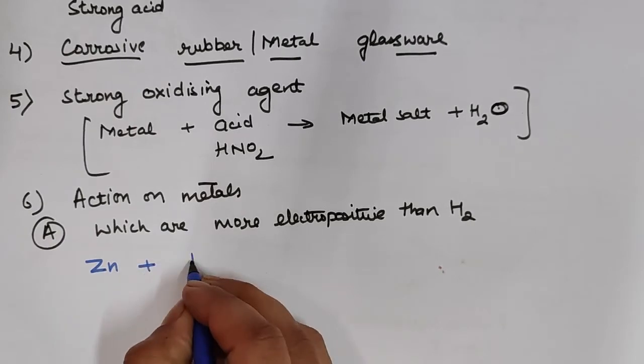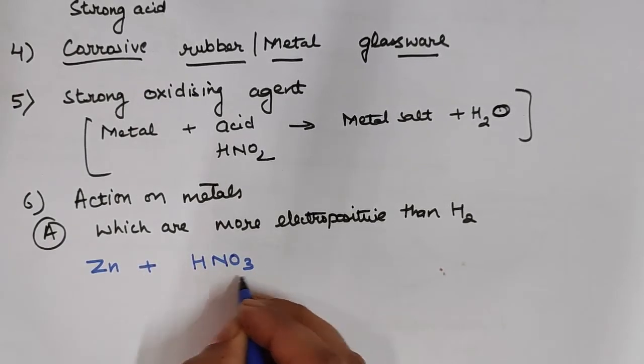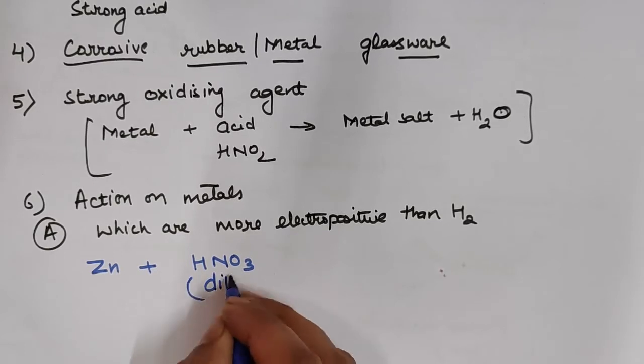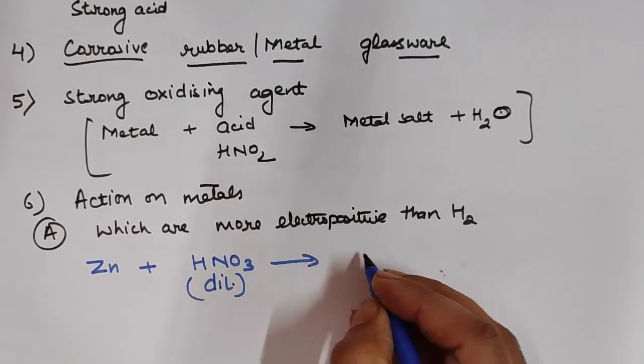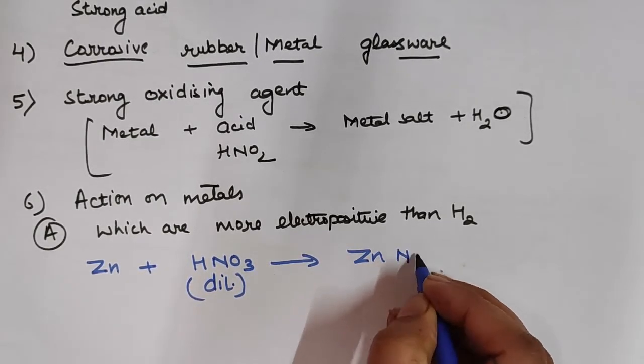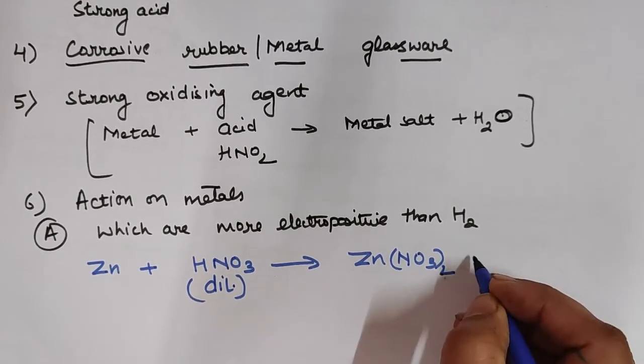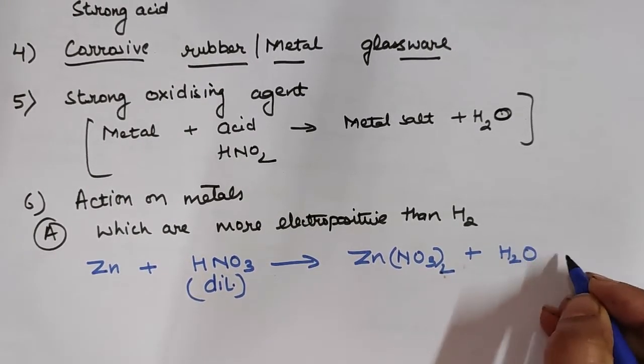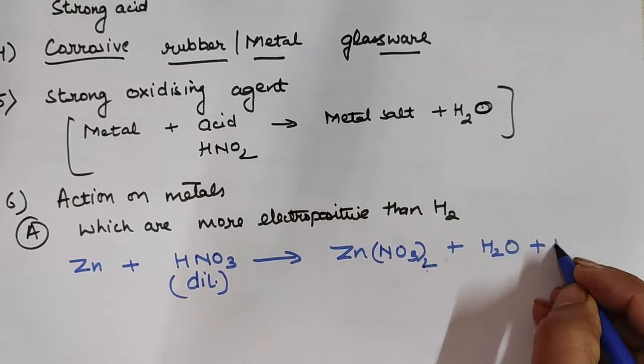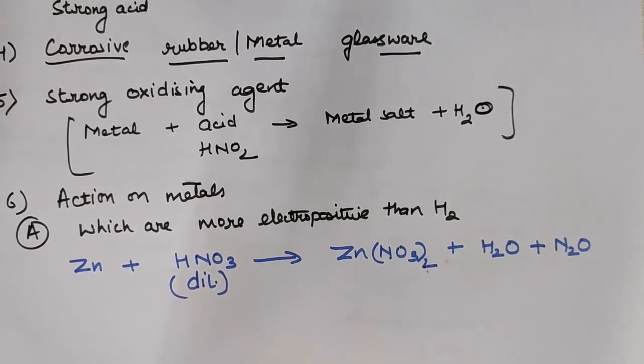If this reacts with dilute nitric acid, the product will of course be the salt, zinc nitrate and water, and along with this N2O will be formed. So nitrous oxide will be formed.